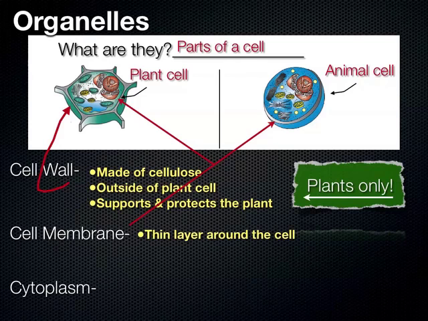You peel off the shell, and there's a very thin layer next inside. The shell would be like the cell wall, and that thin stuff you peel off would be like the cell membrane. And the cell membrane is what controls things moving into and out of the cell. Certain things can go into the cell, certain things cannot. It's the cell membrane that controls that.